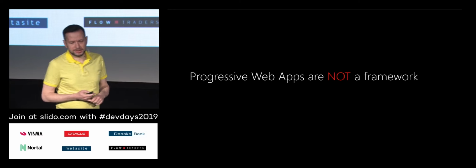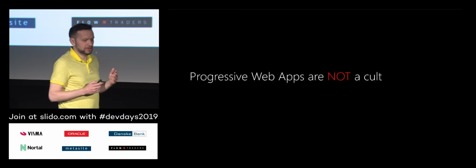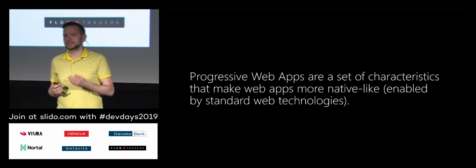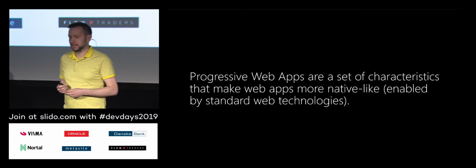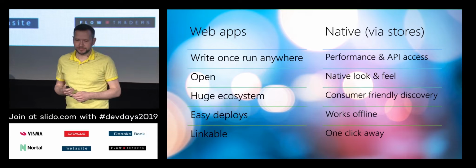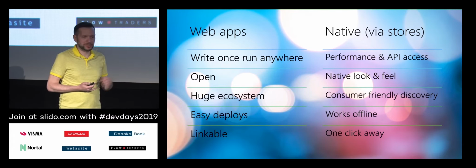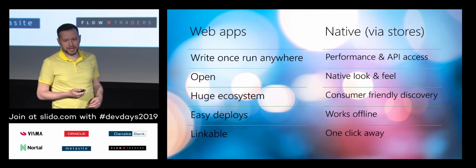So what are progressive web apps? Progressive web apps are not a framework, not a library, and not some cult. They are basically a set of principles and technologies behind them that make web apps more native-like. They are trying to bridge the gap between web apps and native apps.